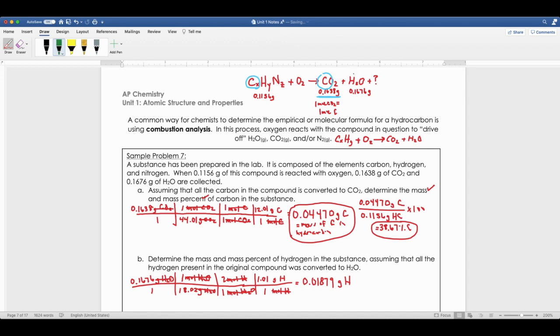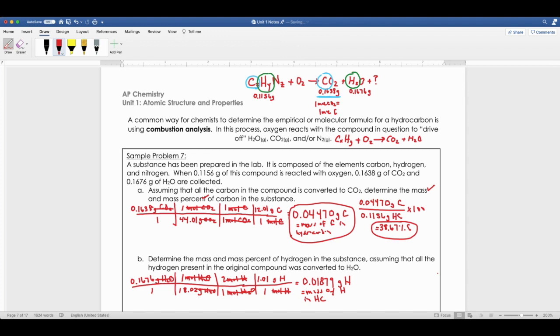So let's do green here. All this hydrogen that's in H2O came from here. So the masses have to be the same. So I'm going to say here again, equals mass of hydrogen in HC, hydrocarbon.